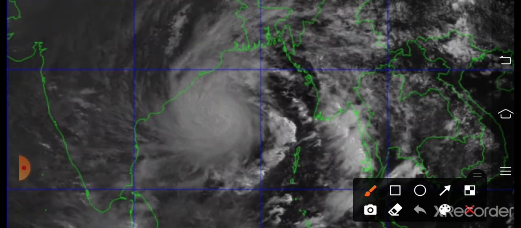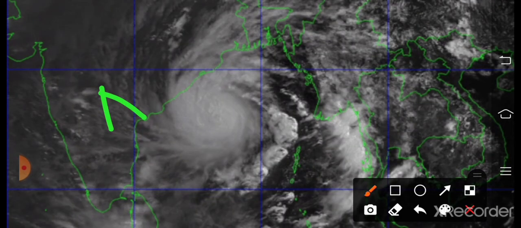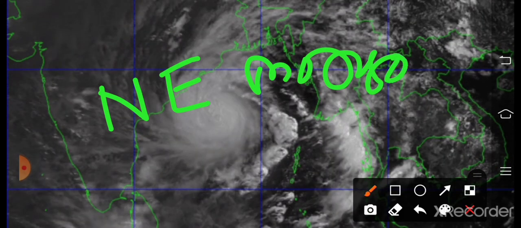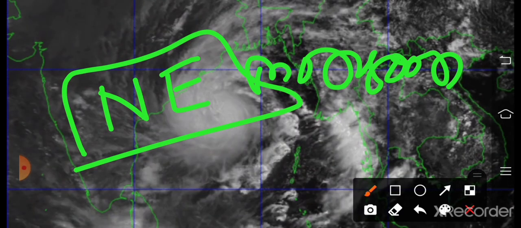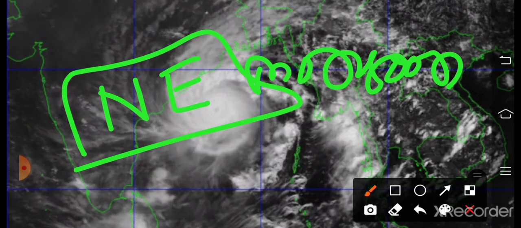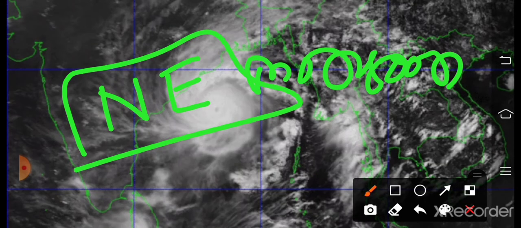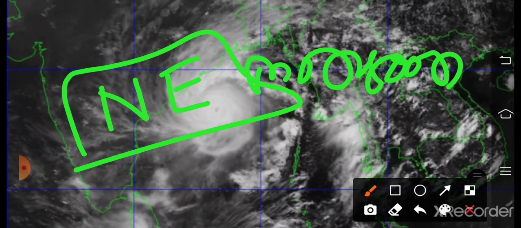It is known as the retreating monsoon, or also by the name northeast monsoon. Cyclones are a common phenomenon in this rainy season, especially in the eastern and southeastern coast of our country, especially the coast of Odisha, West Bengal, Andhra Pradesh, Tamil Nadu, etc.